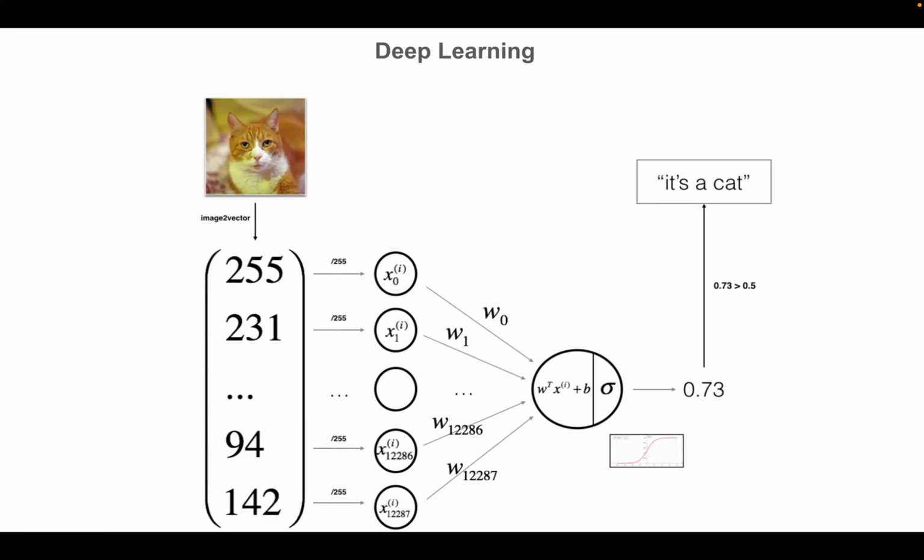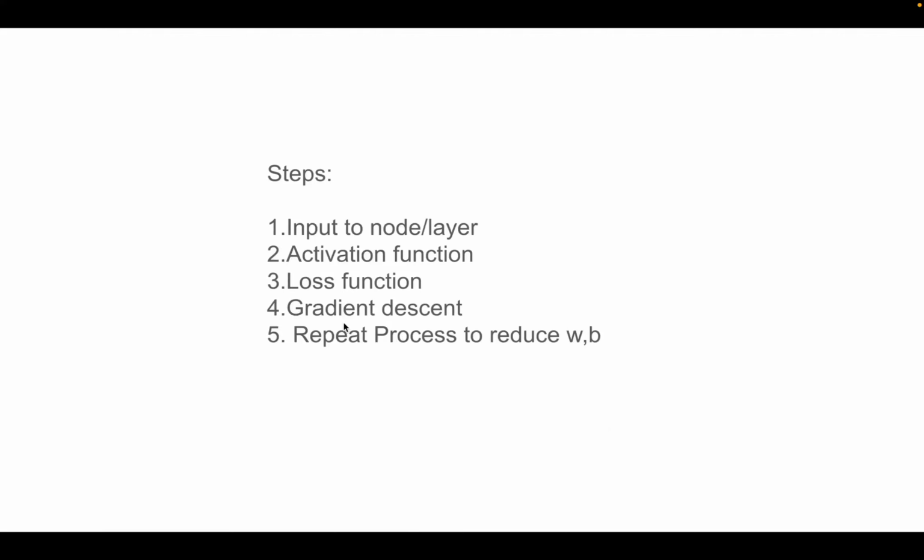Gradient descent helps us play with those knobs, and then we repeat the process until our output is close to the correct value.